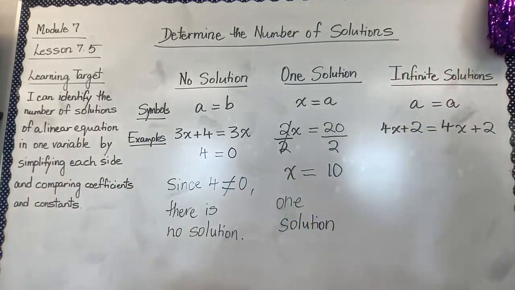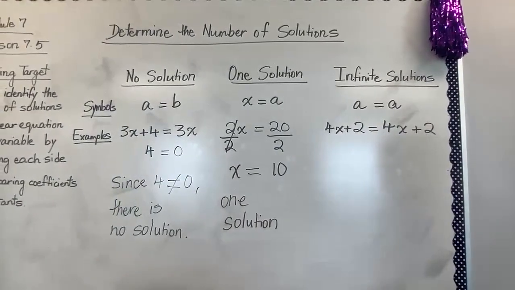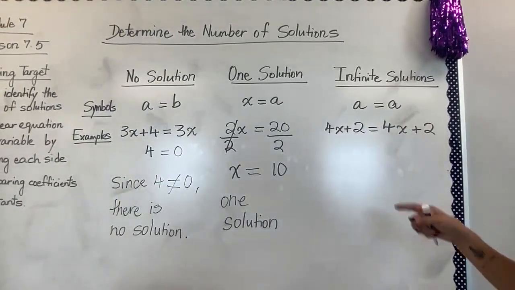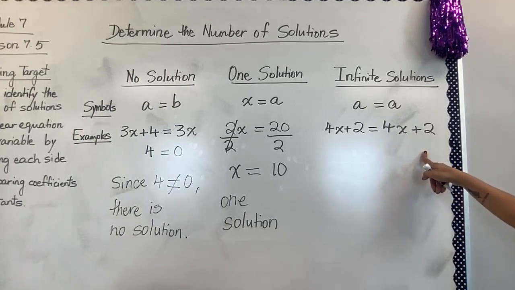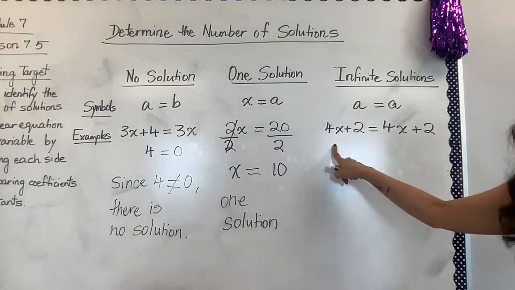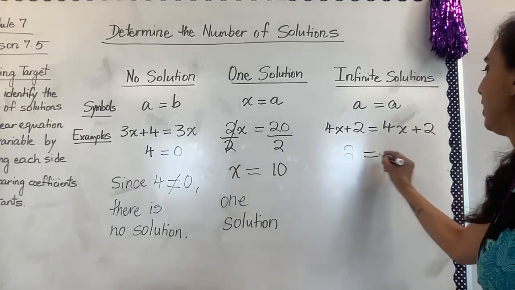Okay, now let's look at the last one. I have 4x plus 2 and 4x plus 2. So basically, what am I getting over here? 4x minus 4x, and I am left with 2 is equal to 2.